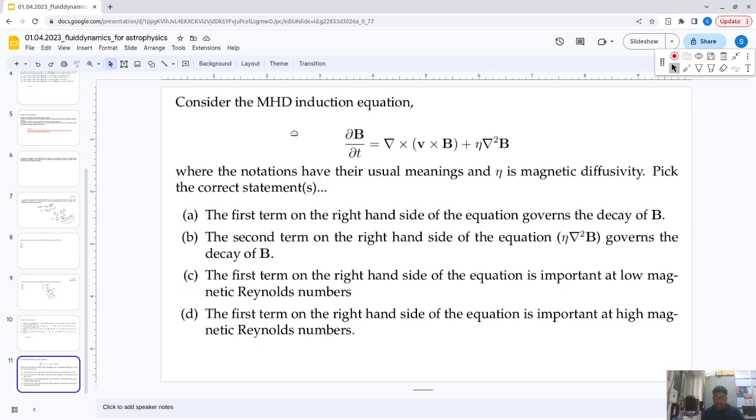How diffusion occurs is, if you have some gradient between two sides in a particular medium or ensemble, there will be a flow of the quantity which is in an imbalanced state, from high pressure to low pressure. Now here you have grad square B, so there should be some flow.